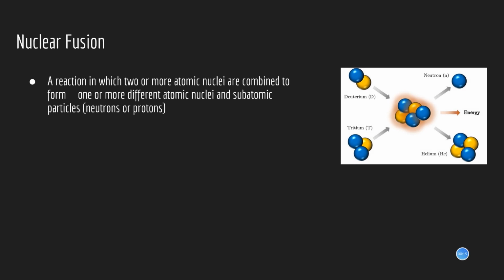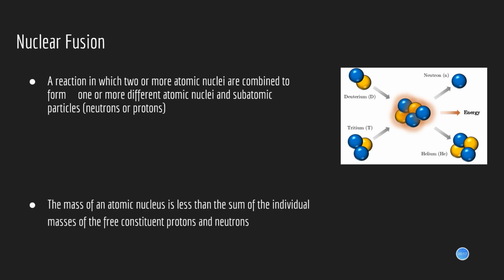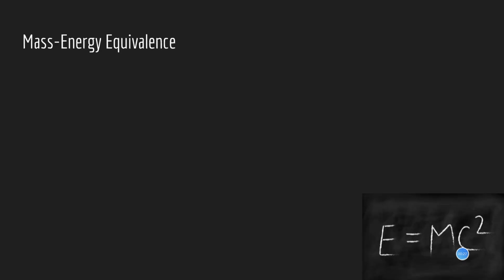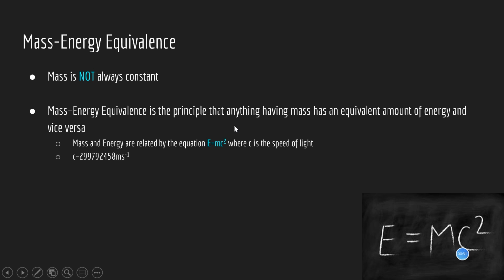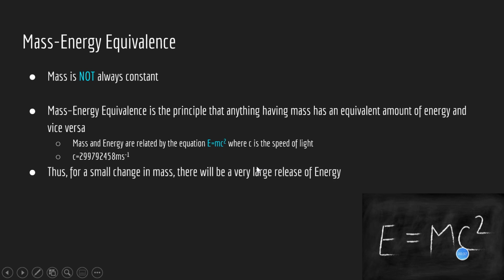The mass of an atomic nucleus is less than the sum of the individual masses of the free constituent protons and neutrons, and this is known as mass defect. According to mass-energy equivalence, E equals mc squared, where c is the speed of light. A small mass change will cause huge energy released.